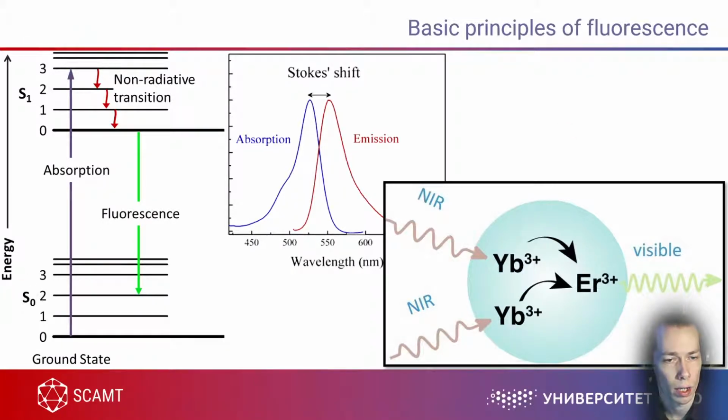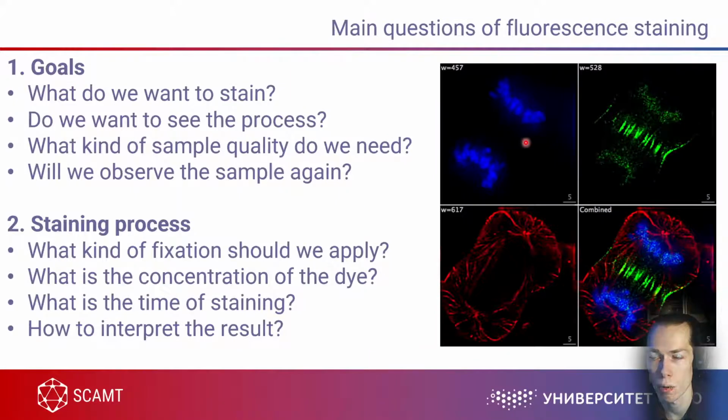So, it's just the basic principles. But when we are talking about staining of your cells, when we are coming to some experiments, we need to answer a lot of questions.